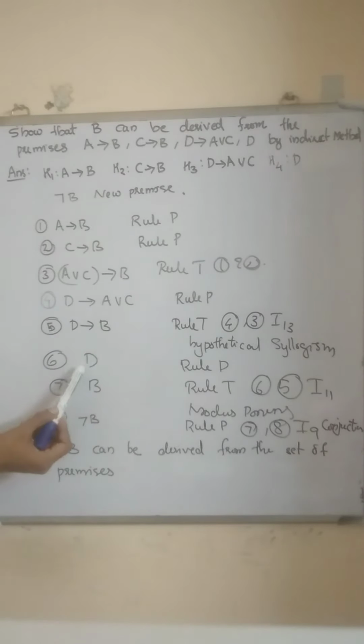And we introduce the fourth premise D, that is rule P. Then 6 and 5: D, D conditional B gives B by modus ponens.